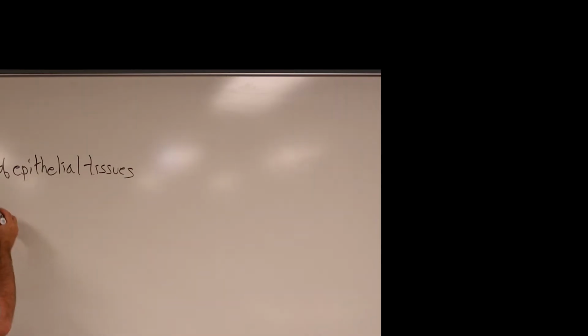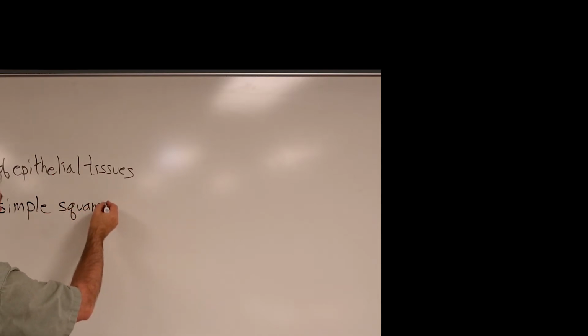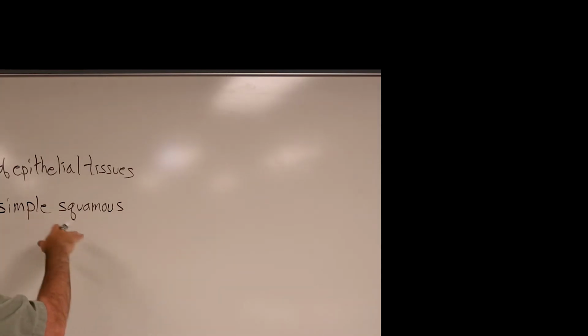Now the shapes, squamous, so the first category, simple squamous. Squamous means flat. It's a flattened cell, so a single layer of flat cells would be simple squamous. Several examples of that in your body we'll talk about.